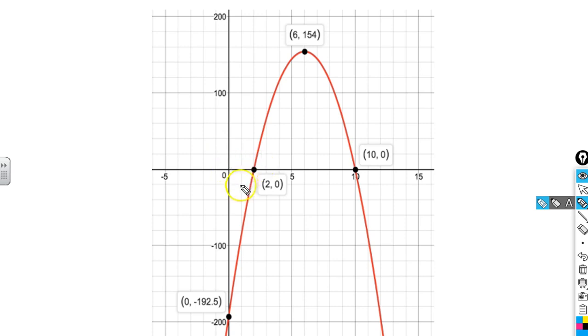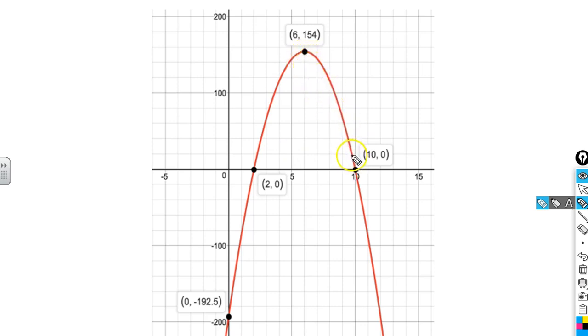So the interval of increase here, from 2 to 6, is showing the company increasing their profit. And then from 6 to 10, that's $6 per hat to $10 per hat, they are decreasing their profit.